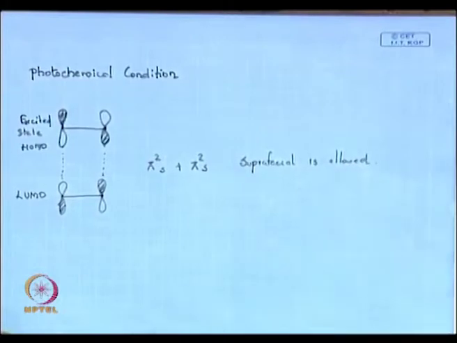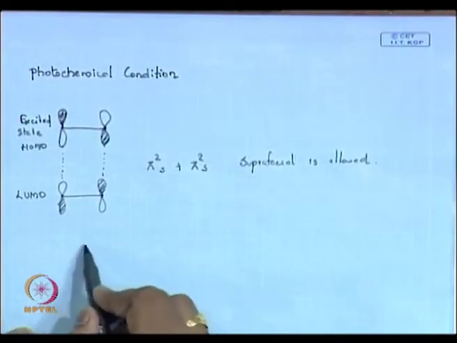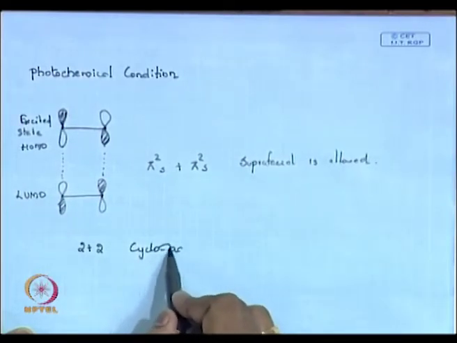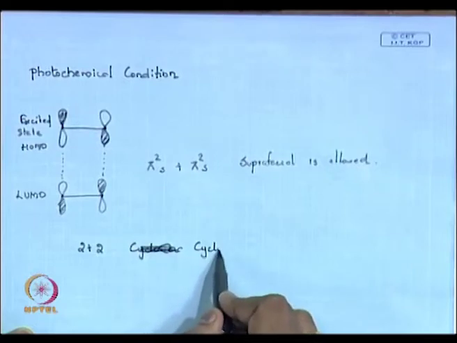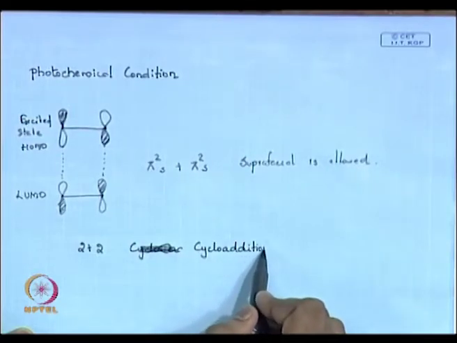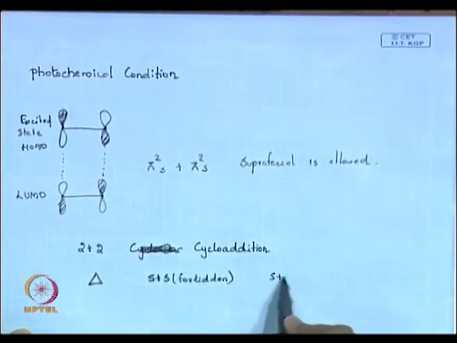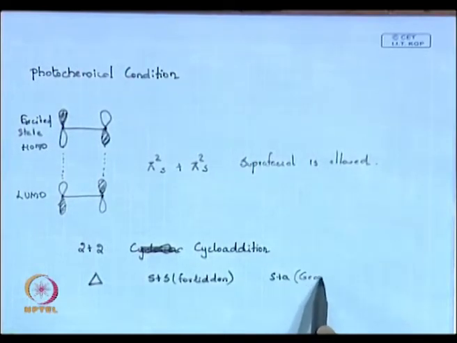So, what we can say then, if you do 2 plus 2 cycloaddition, if you heat it, your S plus S is completely forbidden, but you can see S plus A, but the geometry should favor.